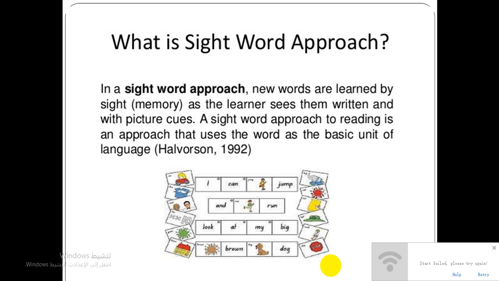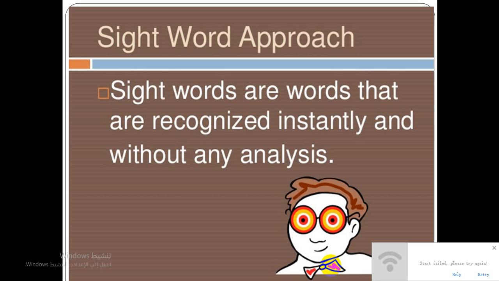What is the sight word approach? This is the third approach of the reading method. In a sight word approach, new words are learned by sight memory as the learner sees them written, with picture cues. A sight word approach to reading is an approach that uses the word as the basic unit of language.